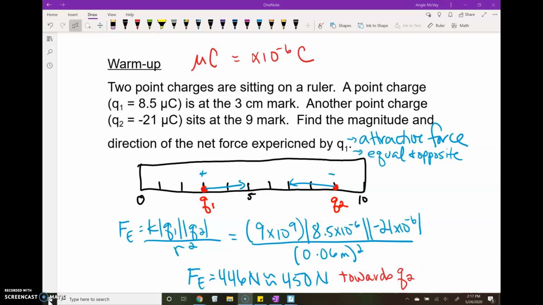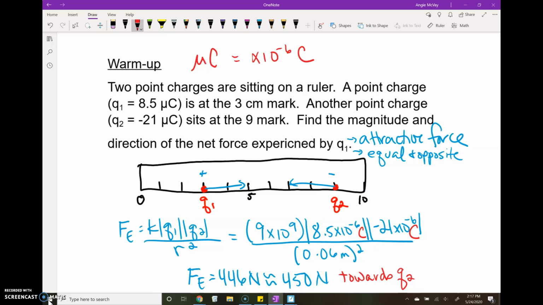A couple of things to note when you're doing this calculation: the charges need to be written in coulombs, not microcoulombs. So it would be 8.5 times 10 to the minus 6 coulombs and negative 21 times 10 to the minus 6. And r is the distance that they're separated in meters.